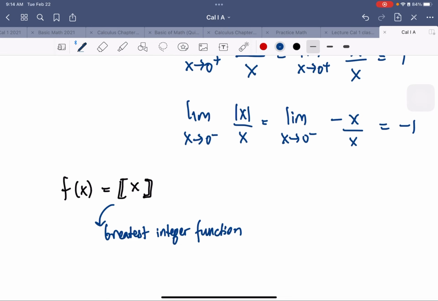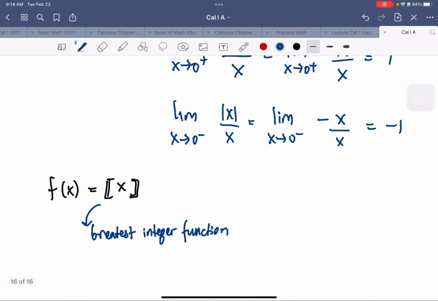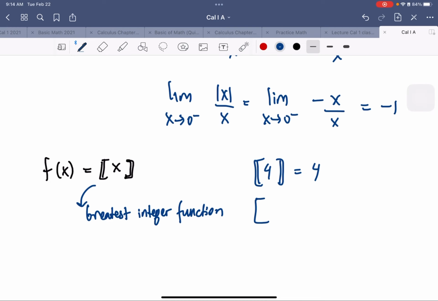So we only consider the integer value. If we apply or input some numbers, let's say x is any real number. If we put 4, it's already an integer, so it's still 4. But if you put maybe 4.2, the result is 4.